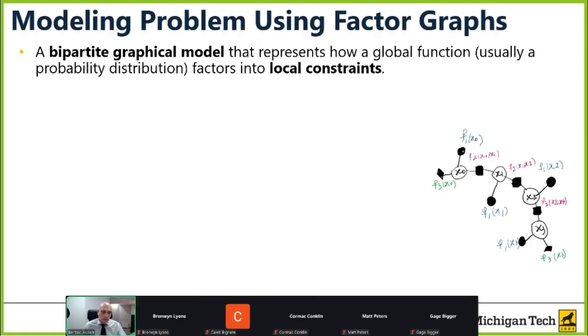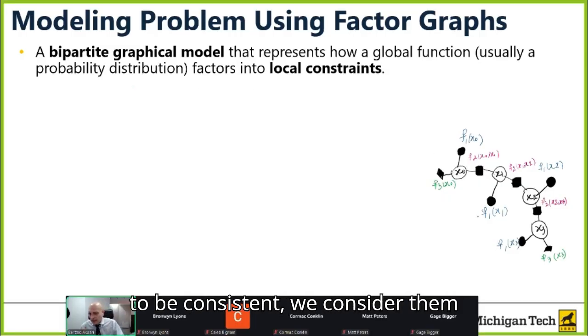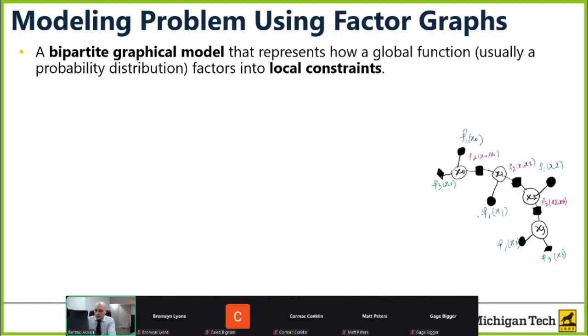Some nodes we call states, which are unknown values, these x's for example. Most of the time, to be consistent, we draw them as an empty circle. So we have some states, and those states are unknown.